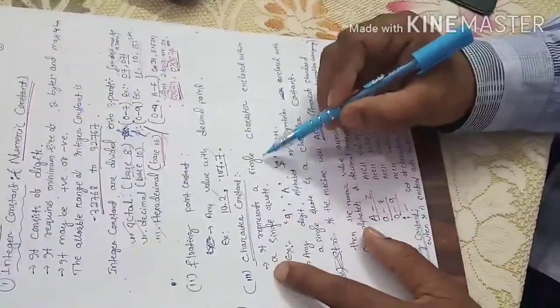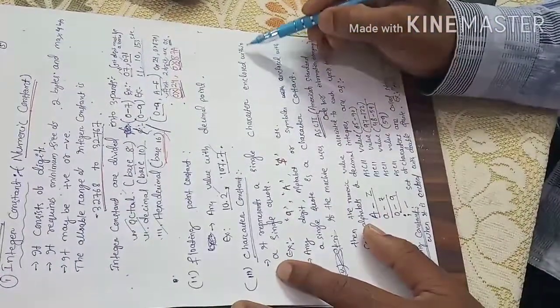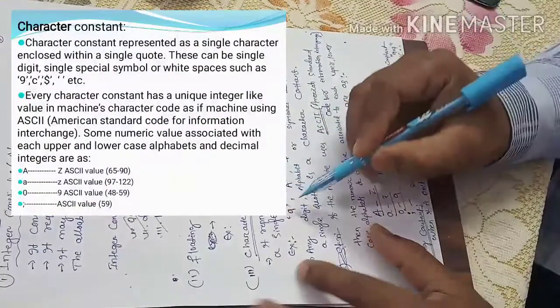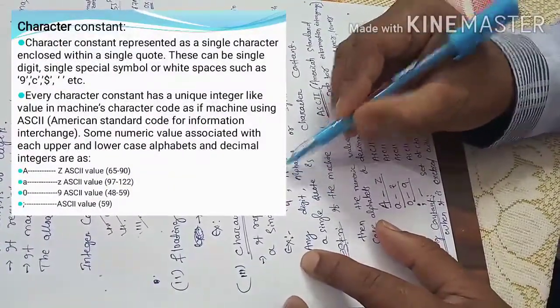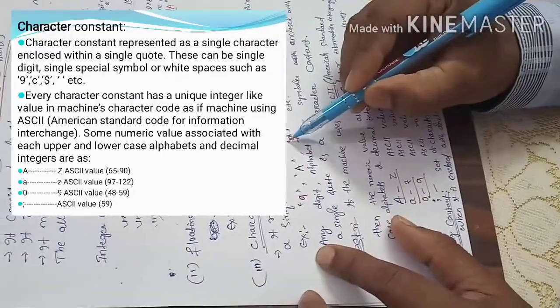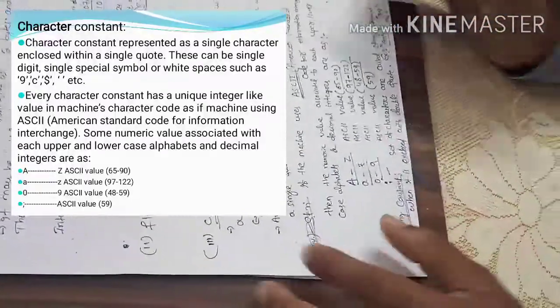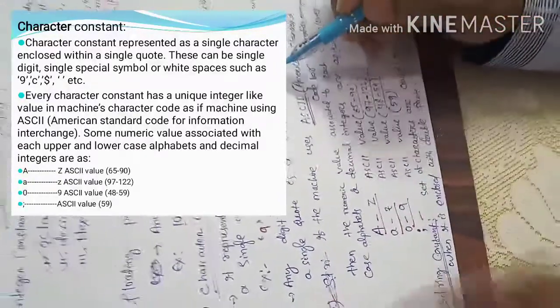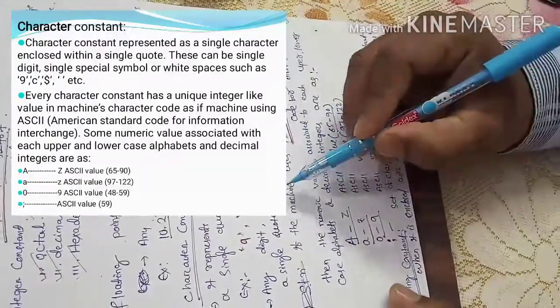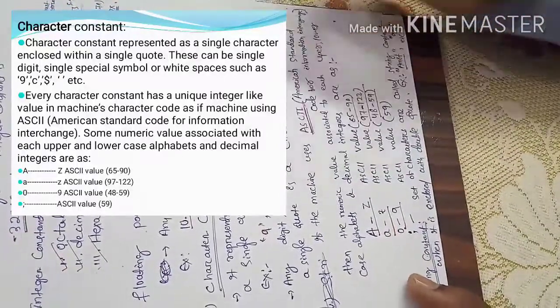Character constant. It represents a single character enclosed within single quotes. For example '9' within single quotes, 'A' within single quotes, '$' within single quotes. So any digit, alphabet or symbol enclosed within single quotes is a character constant.